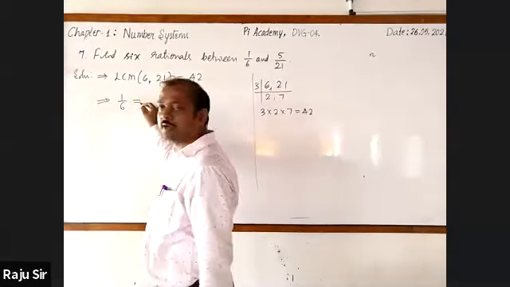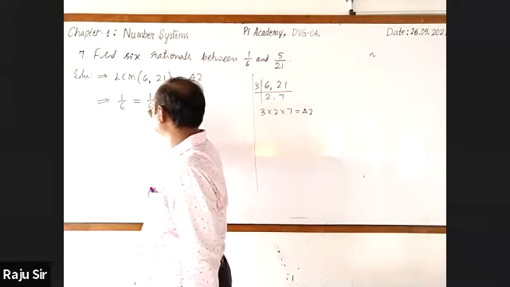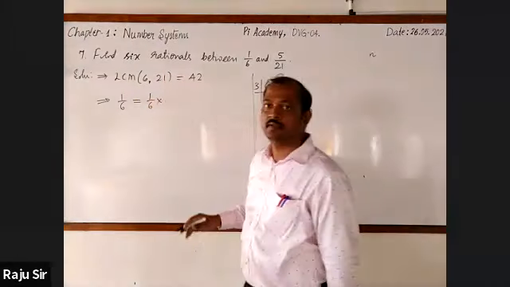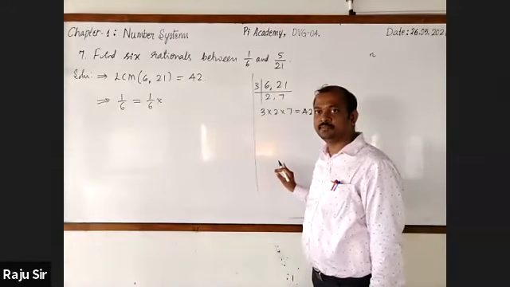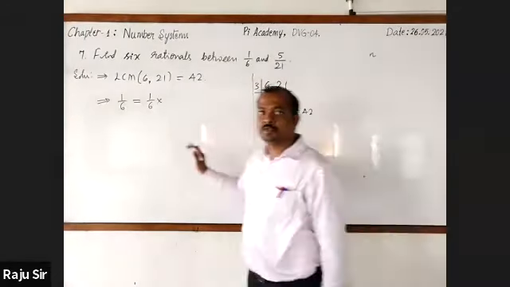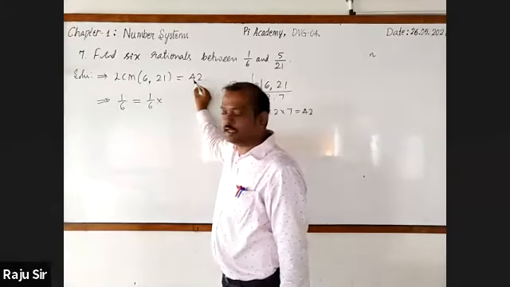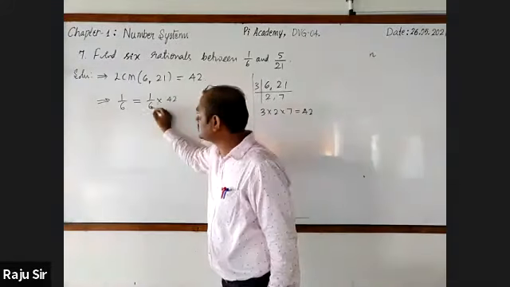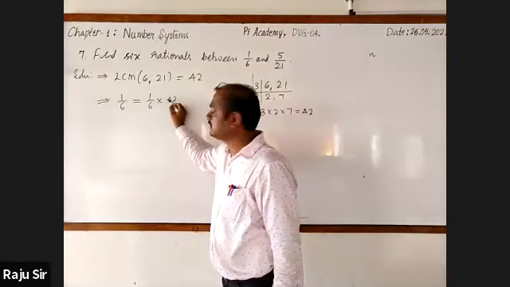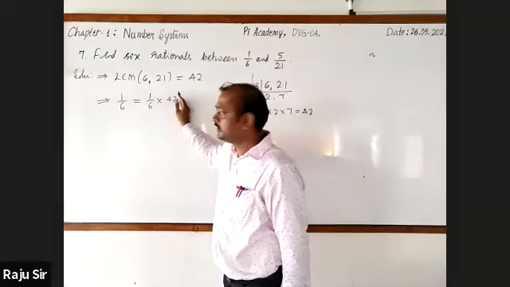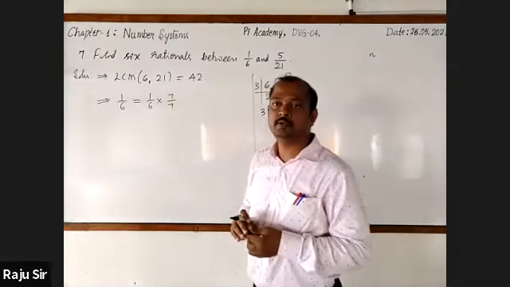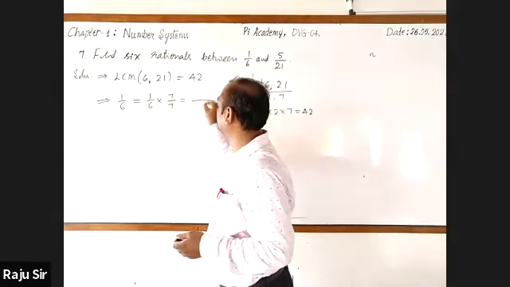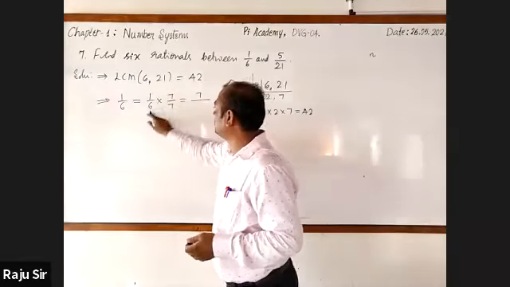Now we have to write the equivalent rational number of 1 by 6, the easy method actually. 42 divided by 6 is 7, so multiply 7 to the numerator and 7 to the denominator. It is equal to 7 by 42.